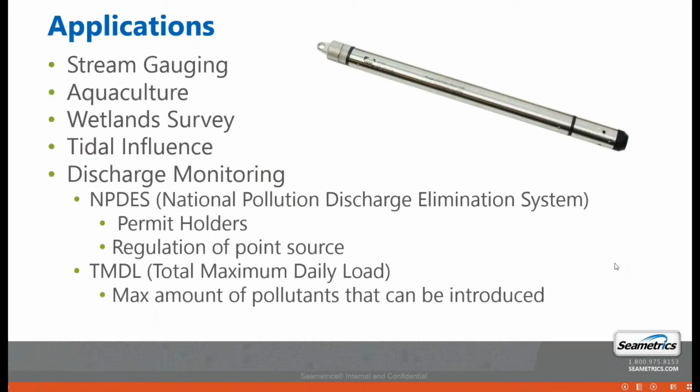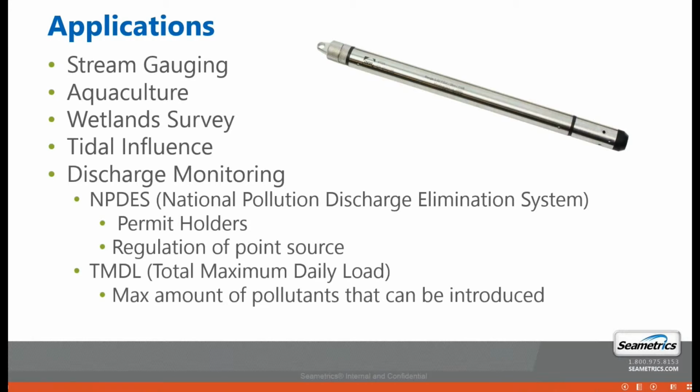There are several sensor applications that we're used to dealing with, and I'm sure that you guys have seen them. There's stream gauging. Aquaculture is becoming very popular as we're moving to more and more fish farm type situations. Wetland survey, tidal influences, discharge monitoring.